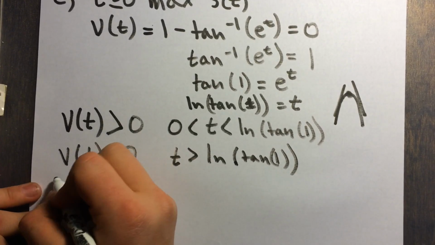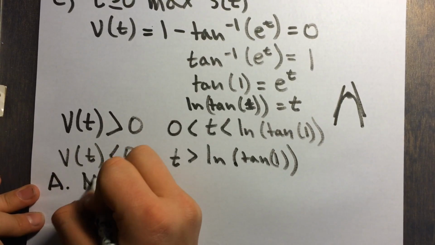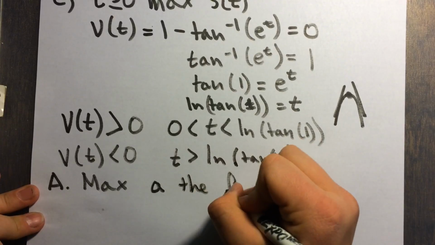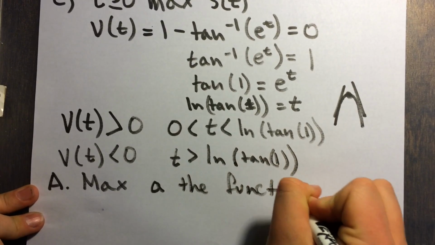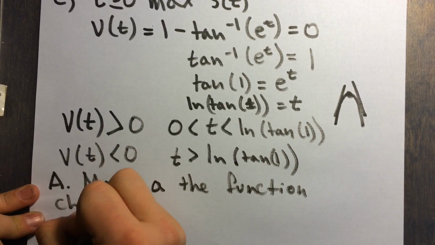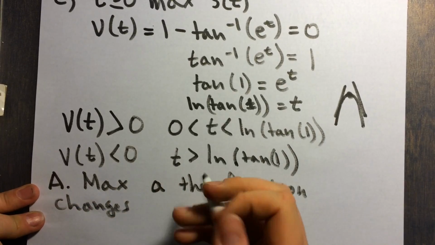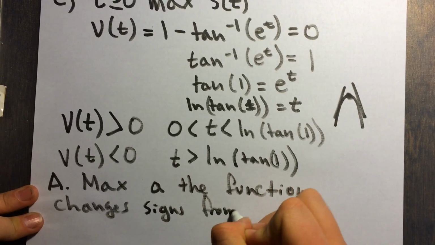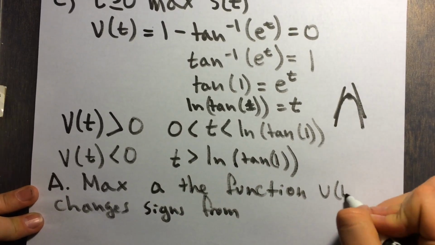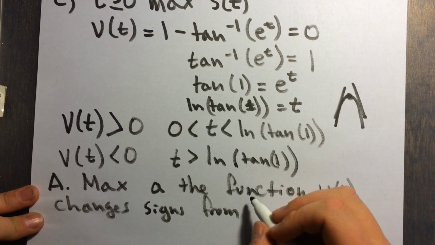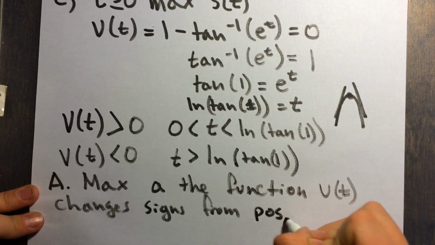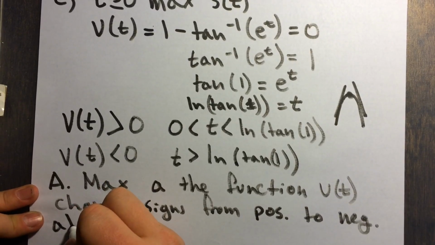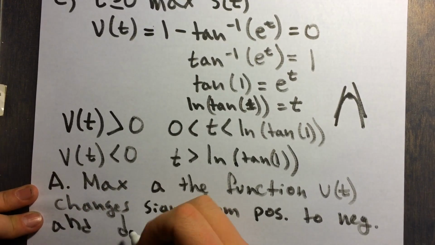This signifies an absolute maximum, as the function v of t changes signs from positive to negative and doesn't change later.